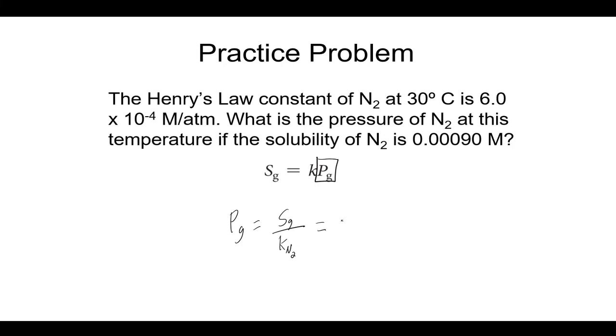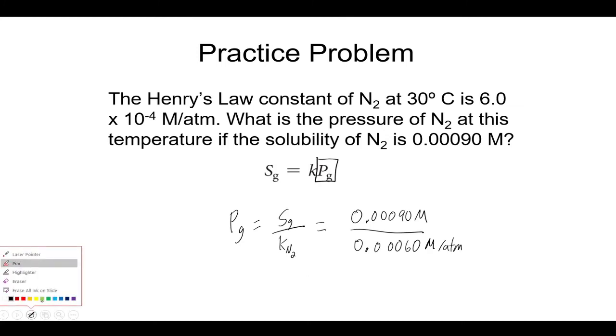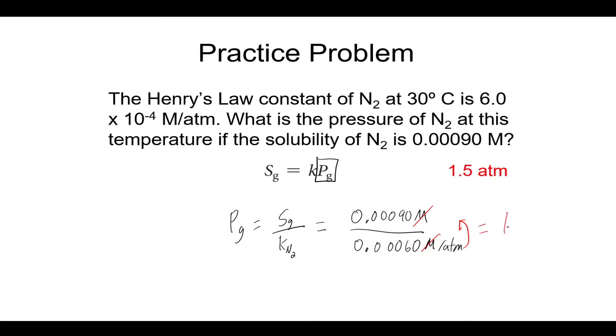I'm told here the solubility is 0.00090 molarity, and I'm told the Henry's law constant is 6 times 10 to the negative 4, which is 0.00060 molar per atmosphere. So here my molarity units will cancel, which is good, and I'll be left with 1 over atmosphere, which means the unit of atmosphere comes up to the top. And so my answer here should be 1.5 atmospheres.